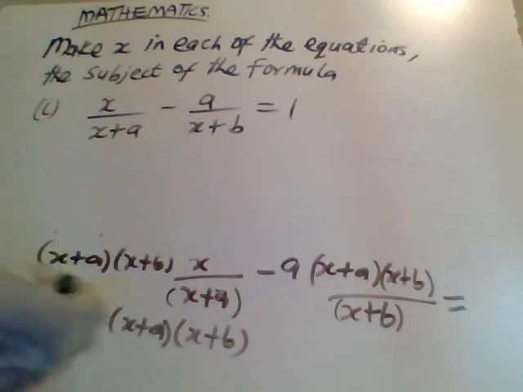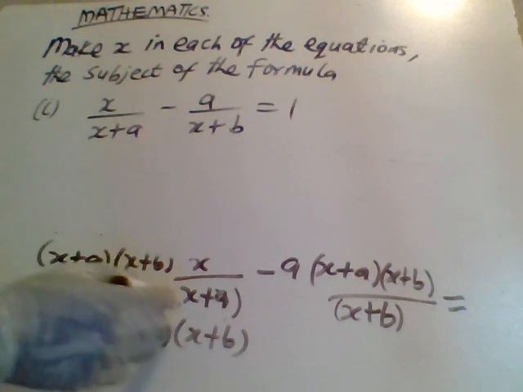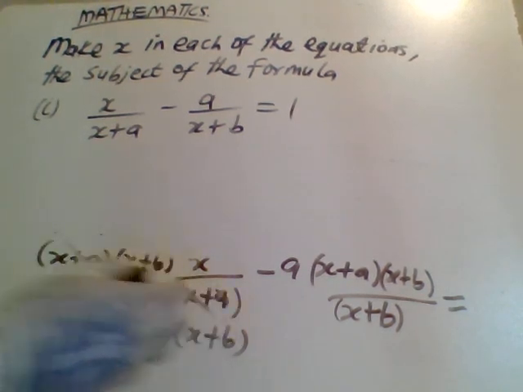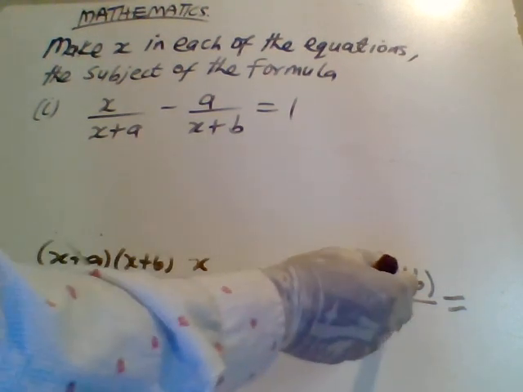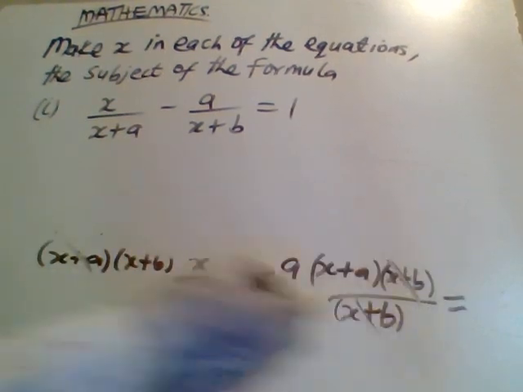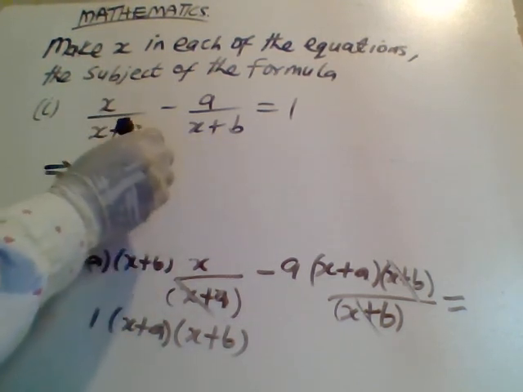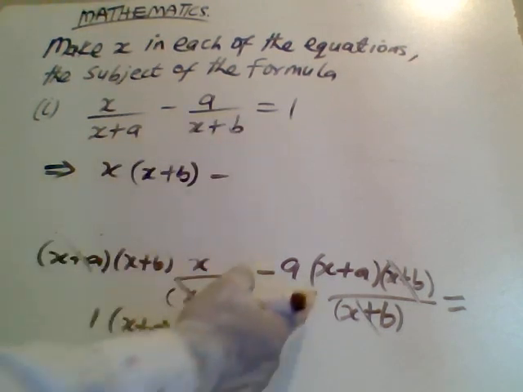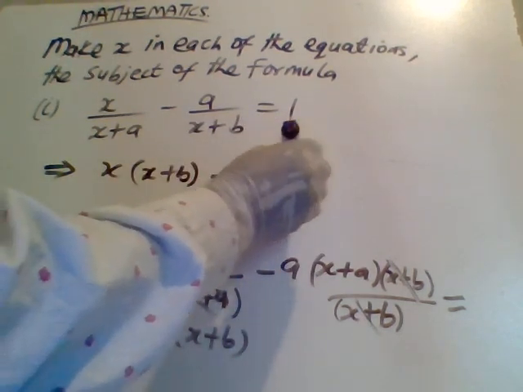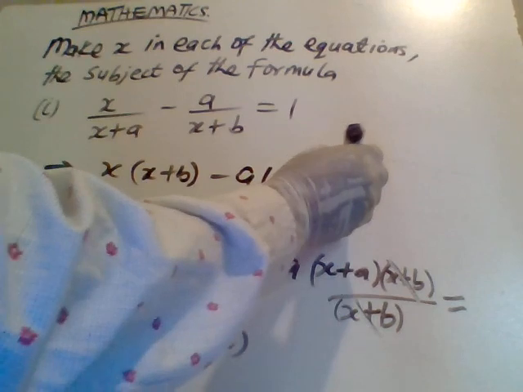By doing that, you notice that there's s plus a here and s plus a here, so it cancels out. There's s plus b here and s plus b here, it cancels out. Next, write the remaining terms: x in bracket s plus b minus a in bracket s plus a.